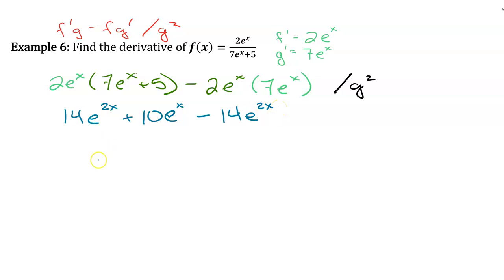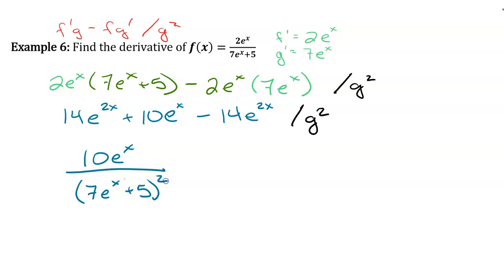Combine like terms, so that's 10e to the x, and then divided by g squared. So this would be divided by 7e to the x plus 5 squared. And I can't simplify that anymore, so I'm done. If you can simplify more, you are expected to. If you can't, then you're fine.